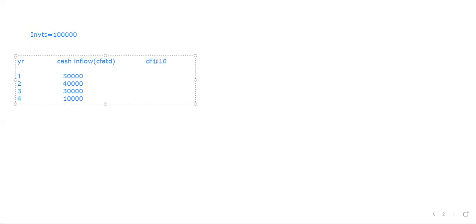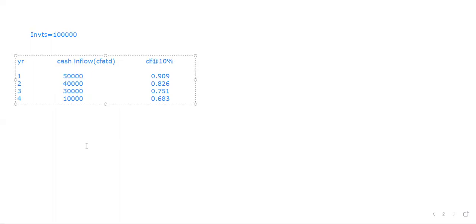The values are 0.909 for the first year, 0.826 for the second year, 0.751 for the third year, and 0.683 for the fourth year.